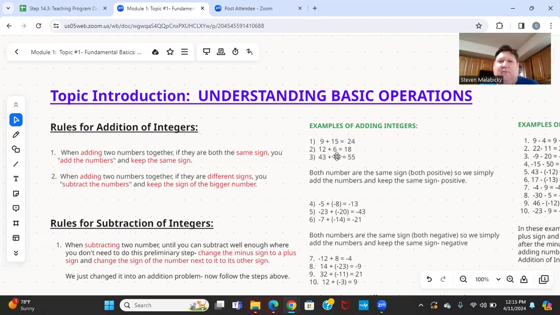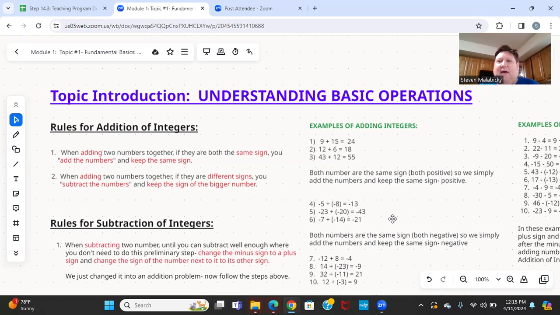Positive 12 plus positive 6 is positive 18. And positive 43 plus positive 12 equals positive 55. Both of these numbers have the same sign, both positive, so we simply add the numbers and keep the same sign, which is positive.